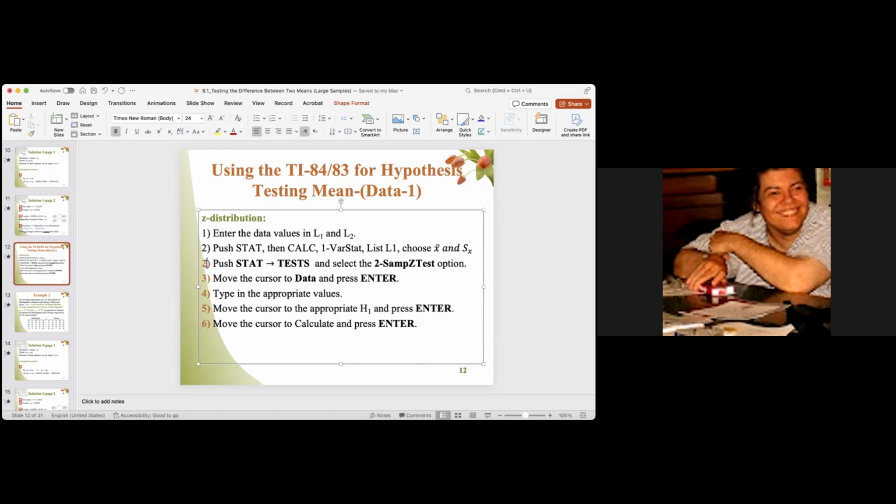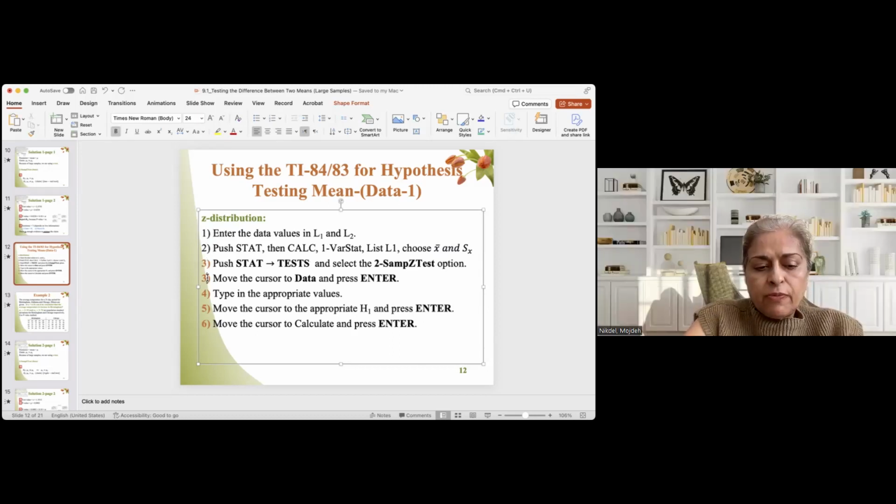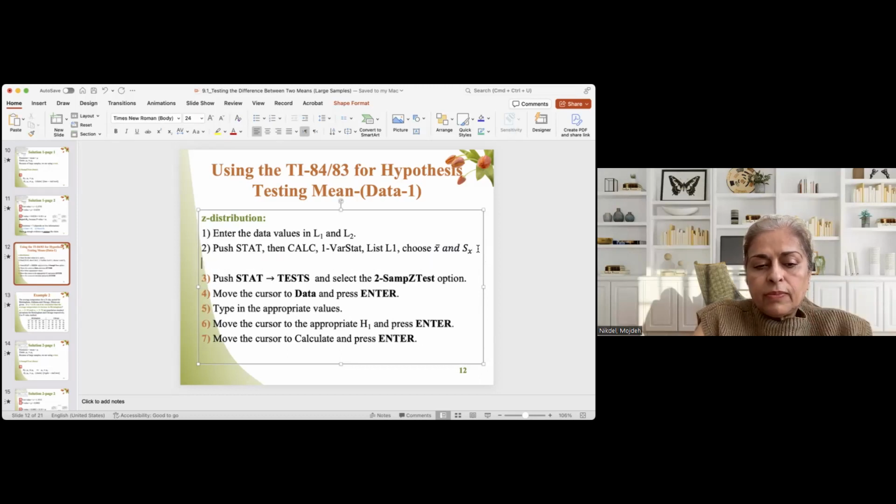This would be step 3, step 4, 5, 6, 7. Do the same for L2, for list 2.